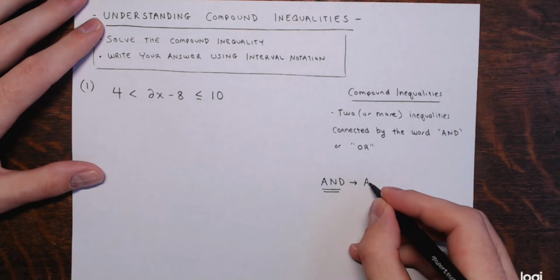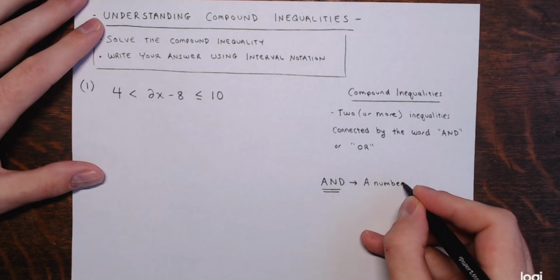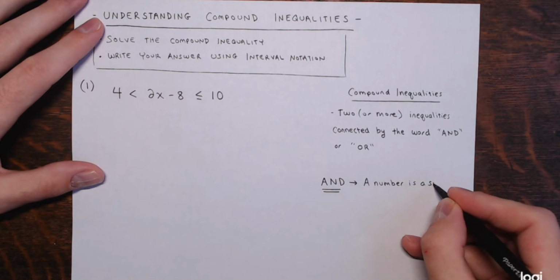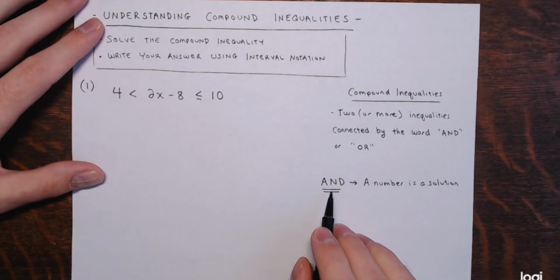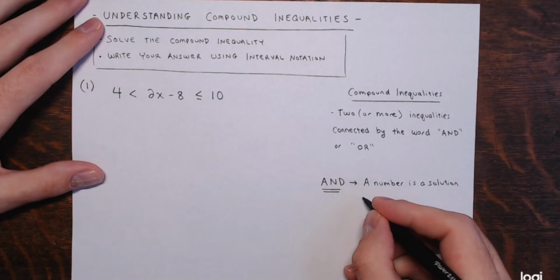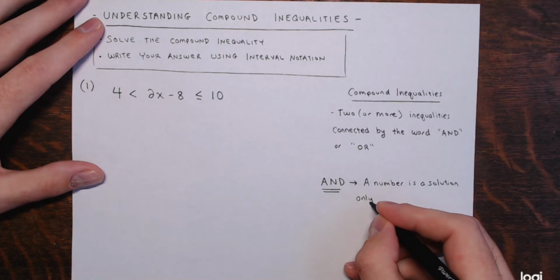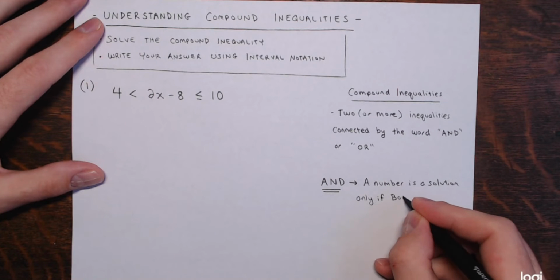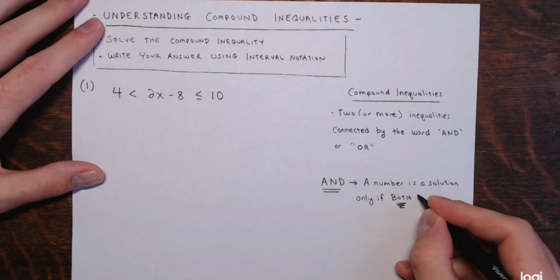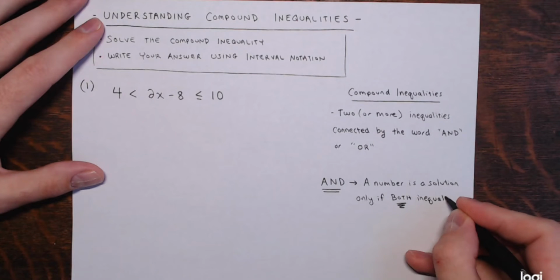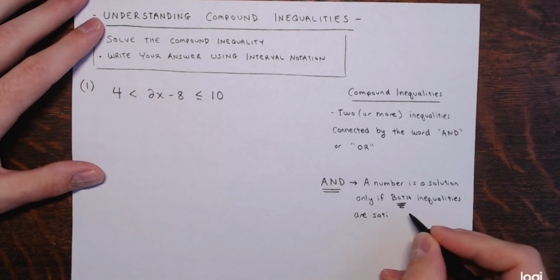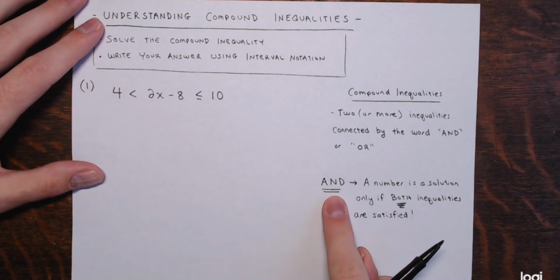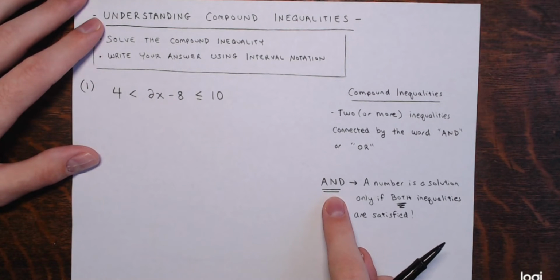So a number is a solution if a compound inequality has and as a connecting word, only if both inequalities are satisfied. Only if both inequalities are made to be true. So the and connector is very restrictive.